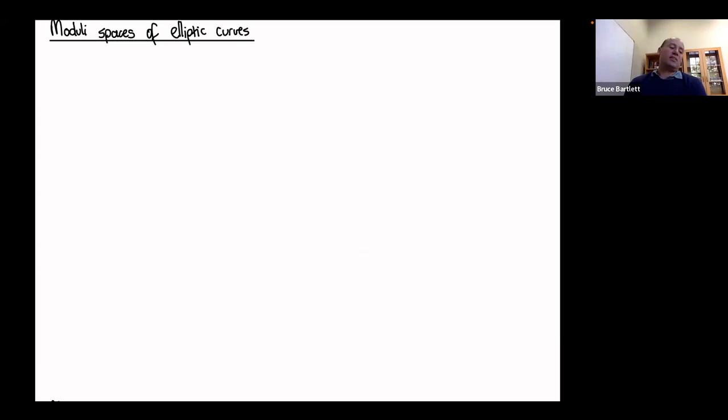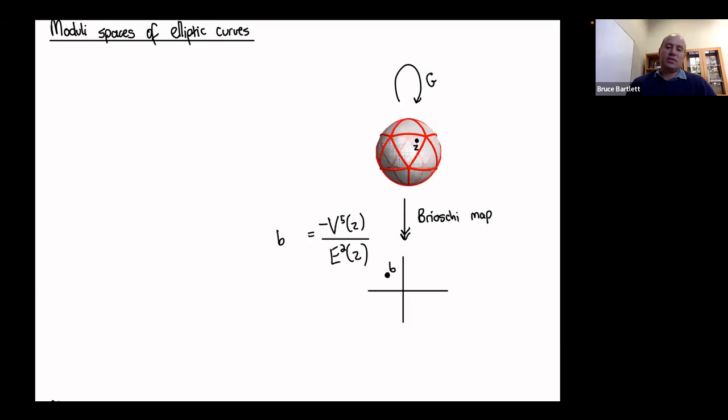So, modular spaces of elliptic curves. Now I'm going to ramp up the math sophistication a little bit because I need to speak about elliptic curves and all that. Just to remind you, we've got a bunch of covering spaces in the game here. First of all, we've got the map from the two-sphere, or the round icosahedron, down into complex numbers, which just extracts out this Brioche map.